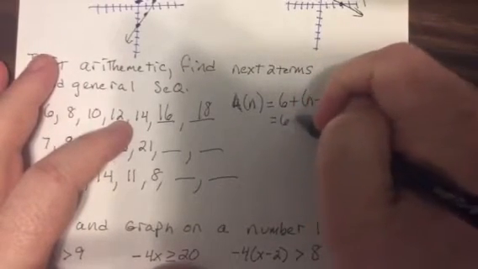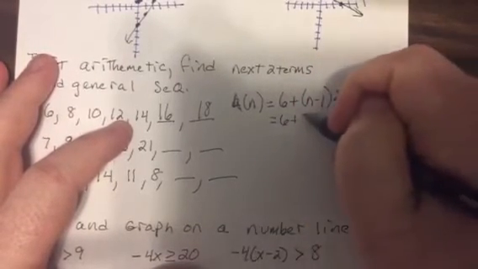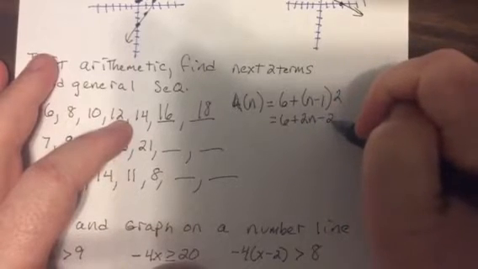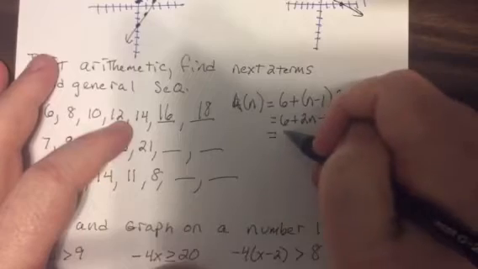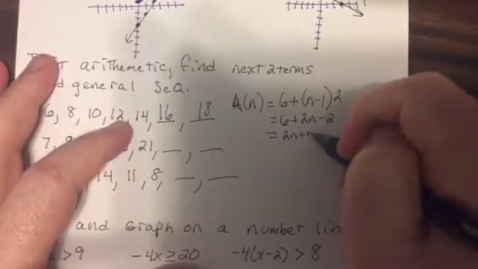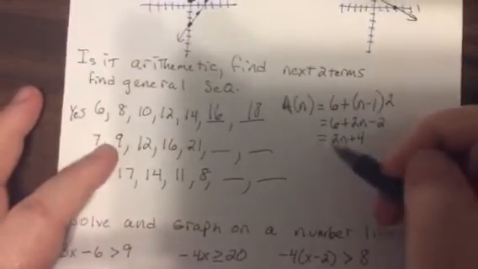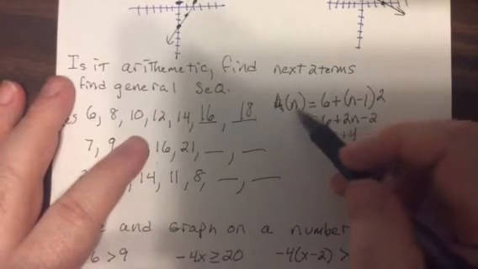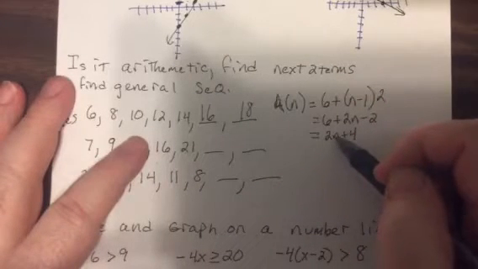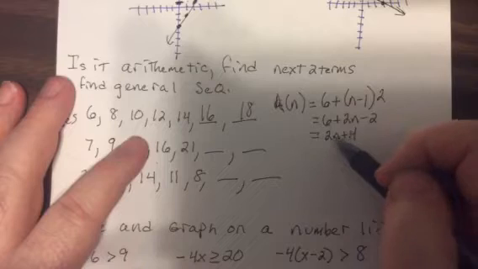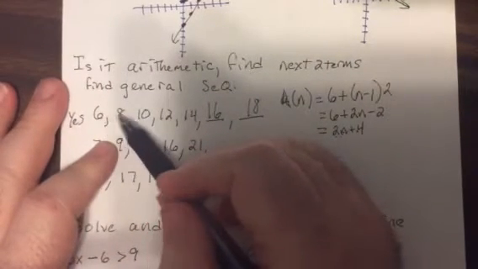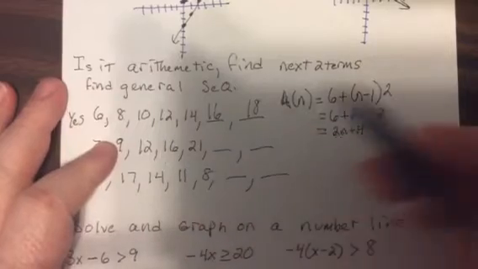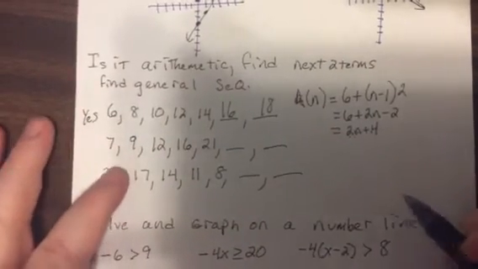So it would equal 6 plus 2n minus 2. So add the 6 to the negative 2, so it would be 2n plus 4. So if I wanted to know what's in the 4th spot, I'd put in 4 for n. 2 times 4 is 8 plus 4 is 12. Let's see. 1, 2, 3, 4. Hey, 12.